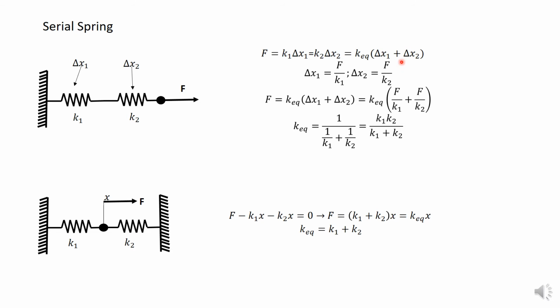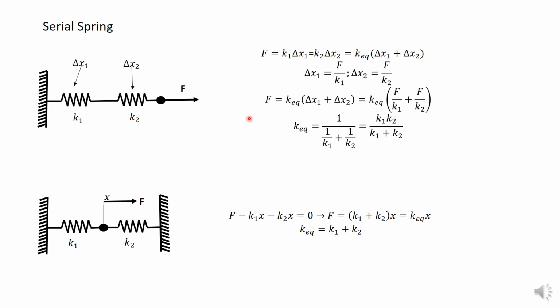So according to this equation, we can replace delta X1 with F over K1 and delta X2 with F over K2, and put them in here. So we will get F equal to K equivalent multiplied by F over K1 plus F over K2.